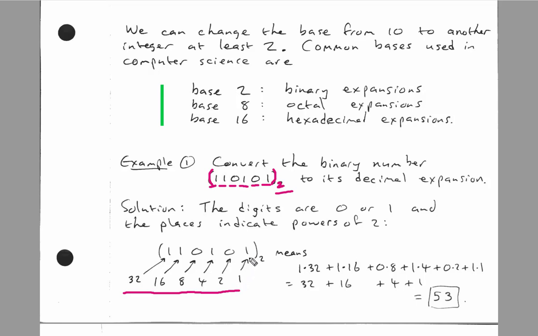Again, the digit on the right represents ones. The digit just to the left of that represents the base itself, so base 2. Then the base squared, base cubed. So add these up, you get 53. So this binary number represents 53.